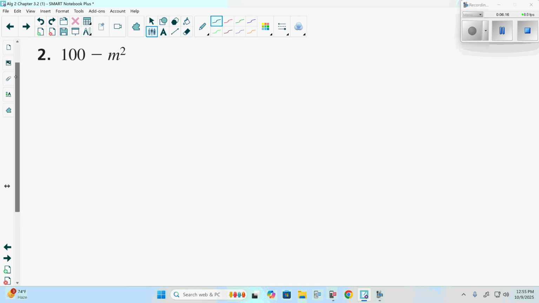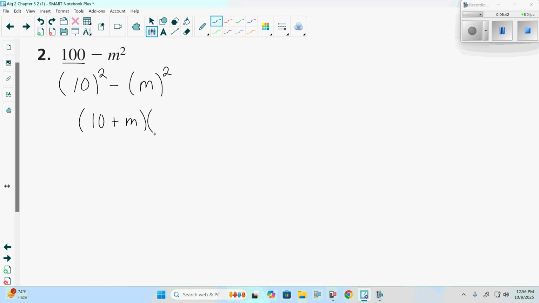100 minus m squared. So if we get it in this form, a squared minus b squared, 100 would be 10, m squared would be m. It doesn't matter that the variable went second and the number went first. We still keep it in this form. So a would be 10, b would be m.